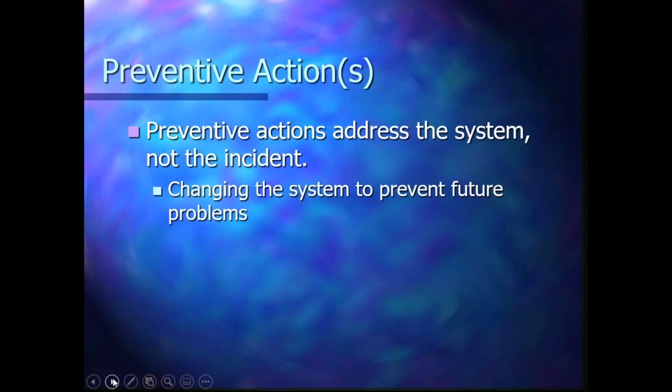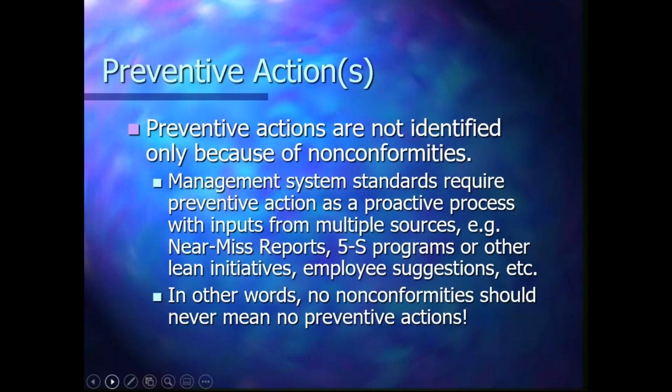Preventive actions address the system, not the incident. If there was a specific incident or symptom that's already occurring, you need a corrective action. Preventive actions really involve changing the system to prevent future problems from happening. Keep in mind, however, that preventive actions are not identified only because of non-conformities.